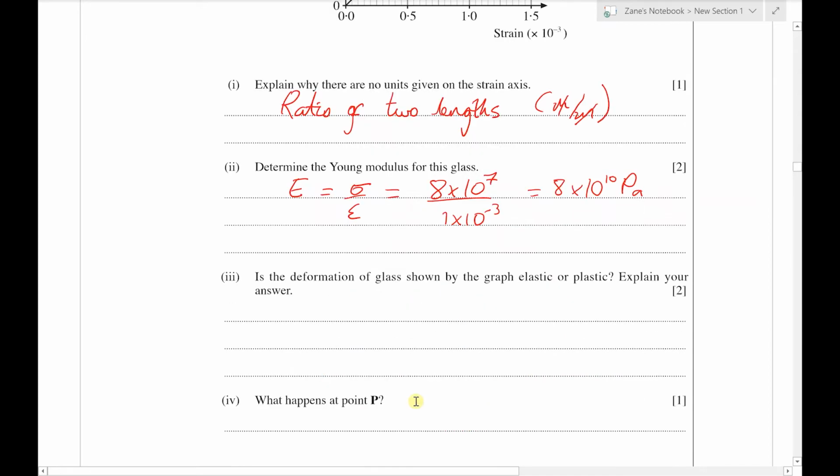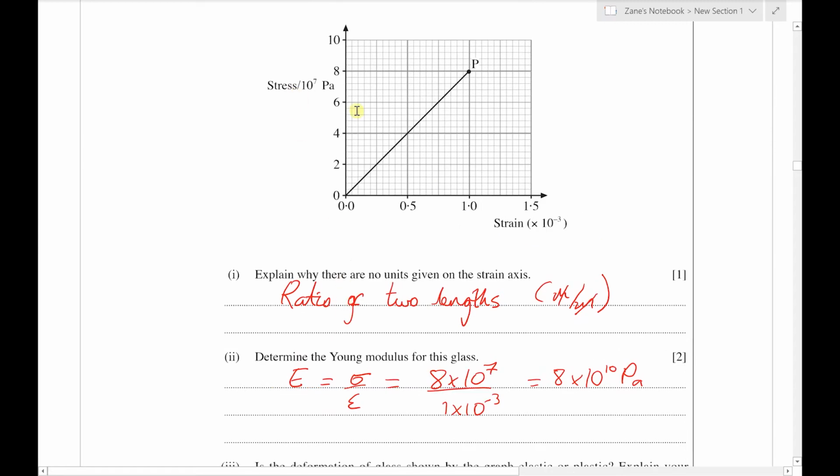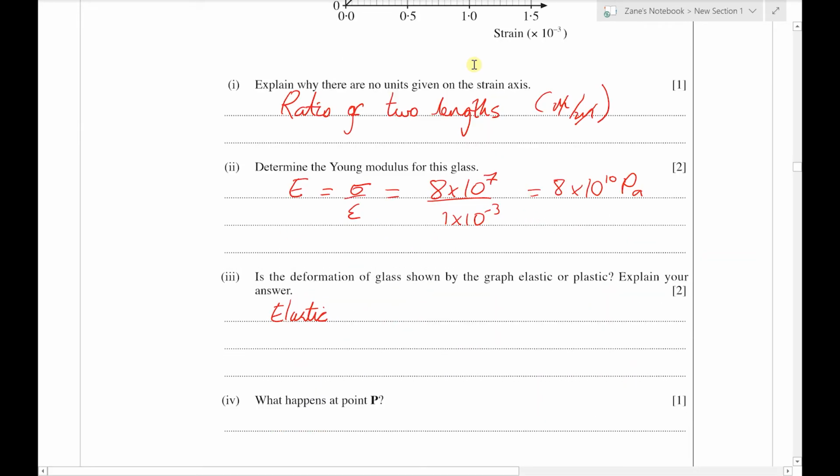We're asked then, is the deformation of the glass shown by the graph elastic or plastic? And we've got to explain our answer. Well, it's an elastic deformation here, because if we remember our stress strain graphs, we always have the limit of proportionality closely followed by the elastic limit, and because this is still a straight line through the origin, it means that the limit of proportionality hasn't been exceeded, and therefore neither has the elastic limit.